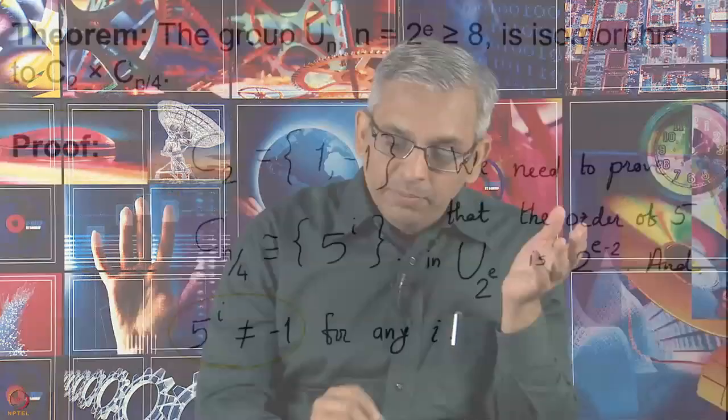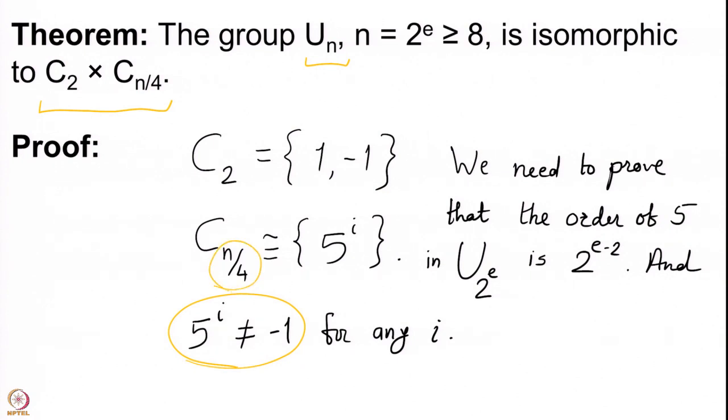If you show that this subgroup has cardinality n by 4 by showing that the order of 5 is 2 power e upon 4, then we are done as long as we prove that 5 power i is not minus 1 for any i. So, there are two things that we have to show. We have to show that the order of the element 5 is the correct number, 2 power e minus 2, and we will then show that 5 power i cannot be equal to minus 1 in this group.